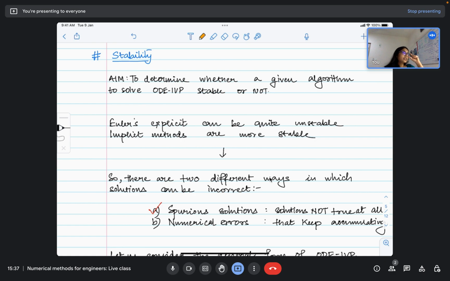It basically means that when a particular numerical technique is being used for evaluating the predicted or approximate solution, how does that technique help us to converge at or close to the true solution.